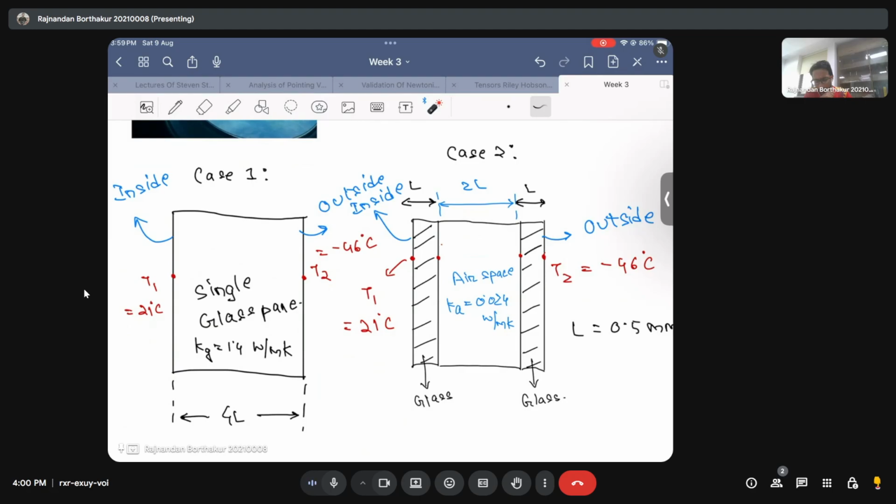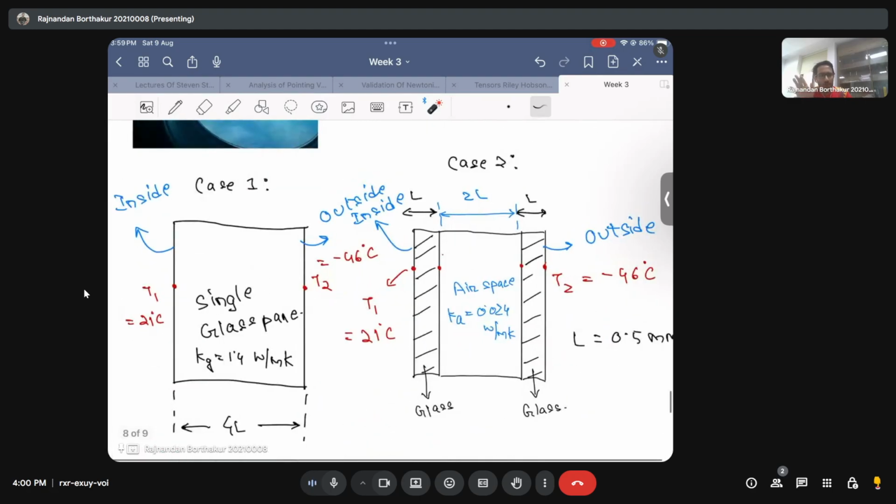For simplicity, we will ignore the convection resistances that will come into the picture. Let's say this is the space inside the body of the aircraft, and this is the ambient space, that is, the surrounding of the aircraft. We will assume that the temperature of the space inside the aircraft is also the temperature of the face of the glass pane, meaning that the convection resistance between the interface of the glass pane and the ambient air is neglected for the sake of simplicity.